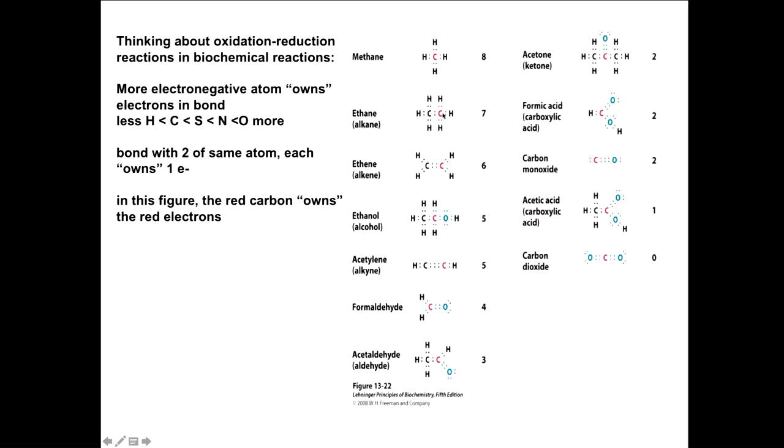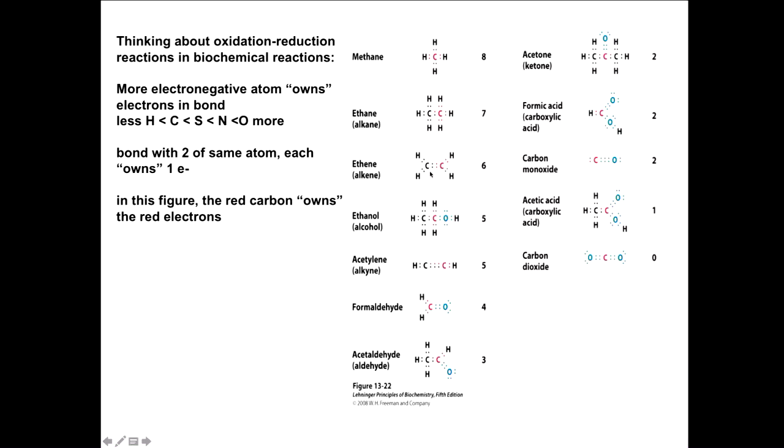Now we come down to ethane. We have this carbon with 3 hydrogens and then 1 more carbon. With the hydrogens, again, it's going to own all those electrons. But it has one neighbor that's another carbon. So with 2 of the same type of atom, they each own 1. If you compare methane to ethane, the carbon up here owns all 8 electrons, but down here it only has 7.